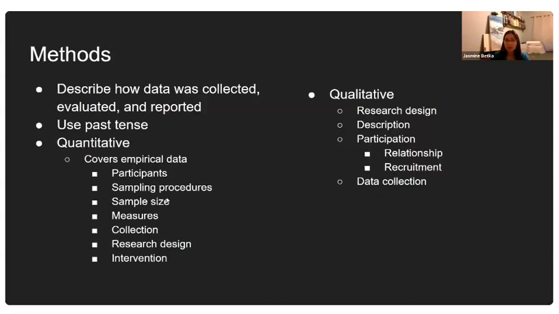So let's look at the first section to this type of paper, and that would be your methods section. So when you think of methods, you're really describing to the reader how data was collected, evaluated, reported. This is all about the structure of the design and the data that was collected, how it was collected. So since this is past, you're going to want to use past tense.